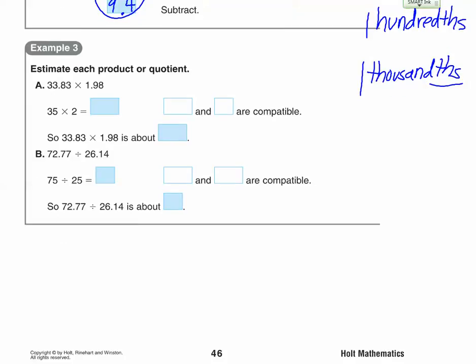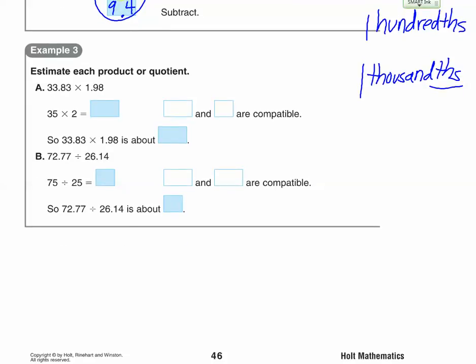Let's take a look at example 3. Here we are estimating each product or quotient. Now these are a little bit different. Estimating products and quotients, we have a little bit of leeway as far as rounding. When you're multiplying and dividing, initially what we're going to do is probably round to the nearest whole number.